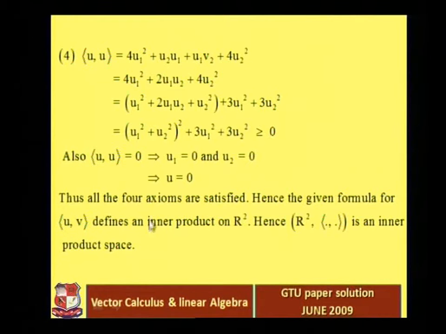And if ⟨u, u⟩ = 0, we can easily prove that u1 = 0 and u2 = 0, so u is the zero vector.